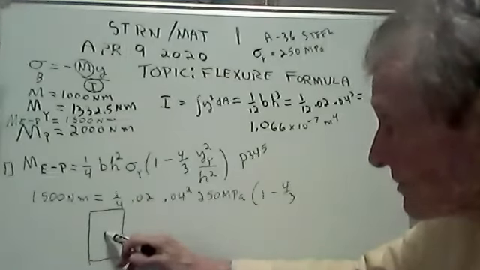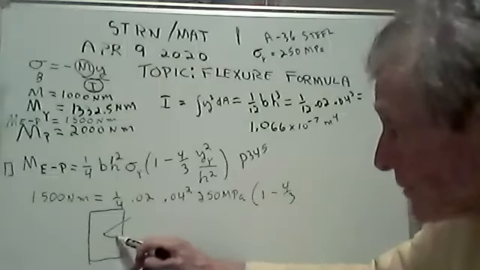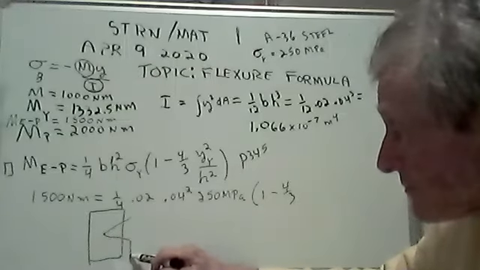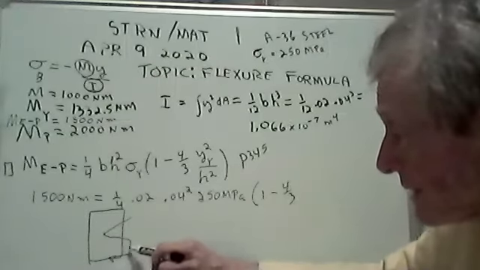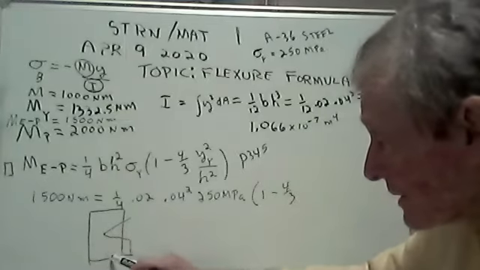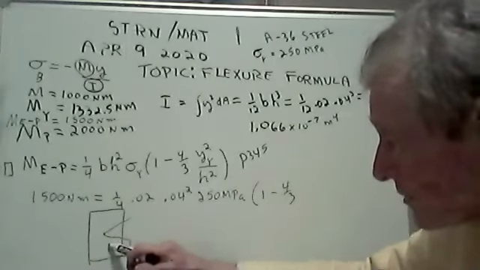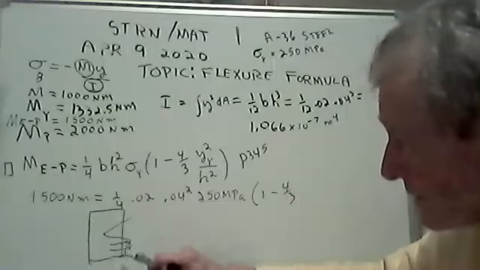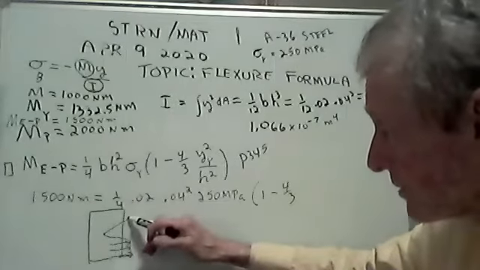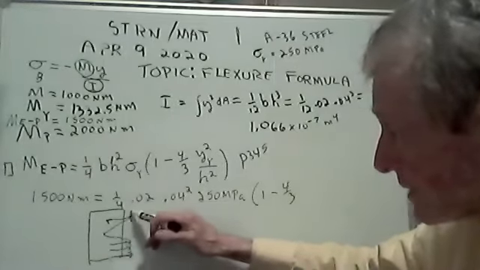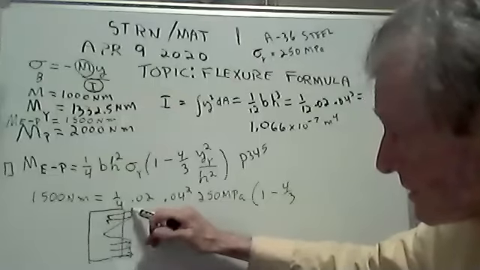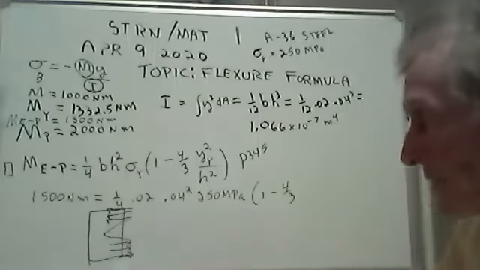What you've got here is it's partially elastic. You have tension here, and you've gone plastic here, and you have compression here, and you've gone plastic, but you're not totally plastic.